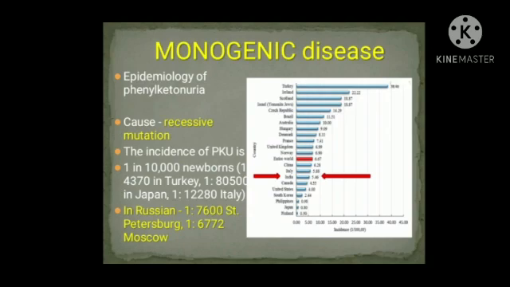In this picture you can find India. I marked your country in red, and it is in the middle compared to other countries. If we speak about Russia, in different towns we have different statistical data.